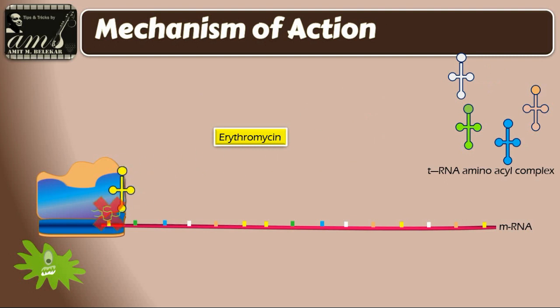Thus it inhibits transfer of aminoacyl-tRNA to the acceptor site, and also inhibits bacterial protein synthesis by preventing incorporation of aminoacyl-tRNA at mRNA. It also prevents the formation of peptide bonds. Thus it produces a bacteriostatic action.